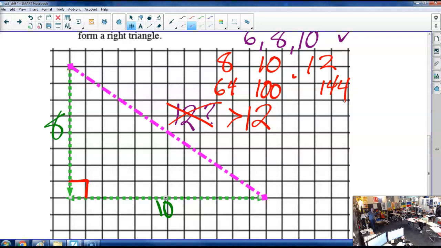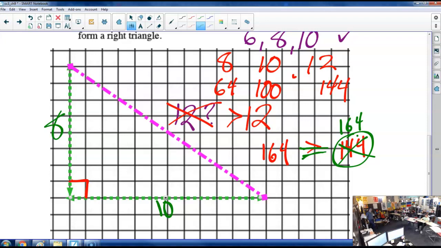Ah, so since this is 164 compared to 144, what we actually know is this is bigger than that. If these have to be equal, if we make it true, then this can't be 144. It has to be 164, which is really close to what perfect square?